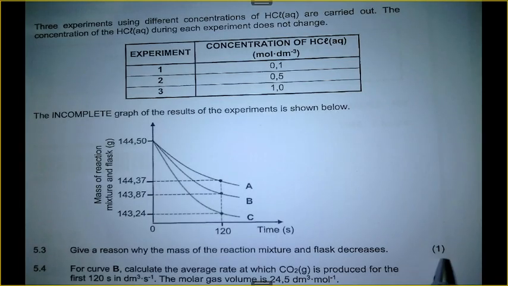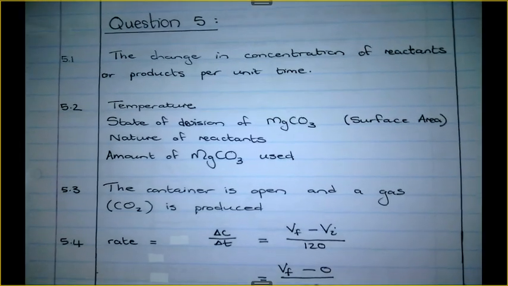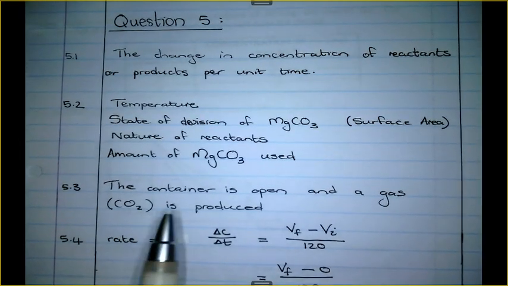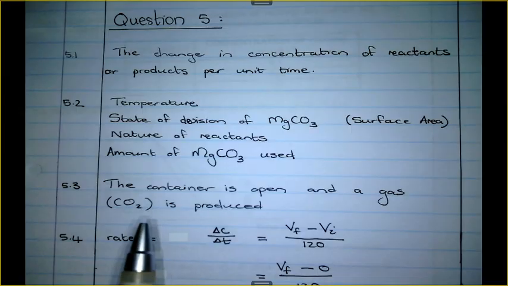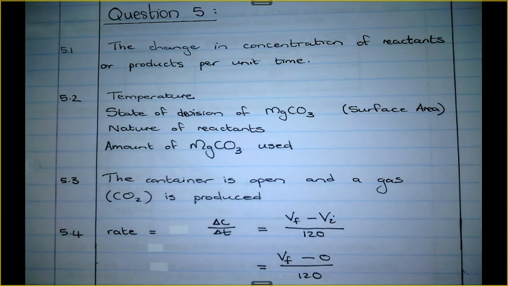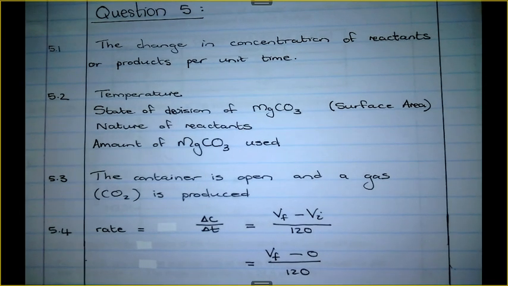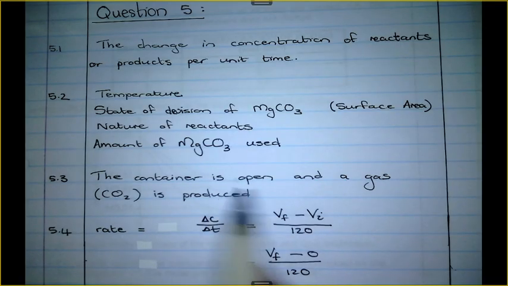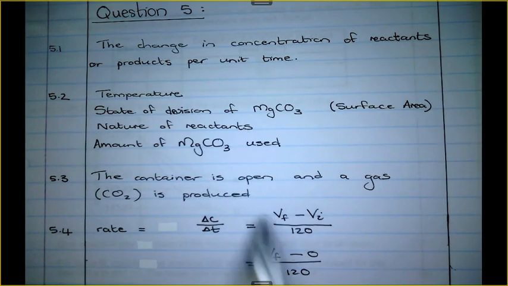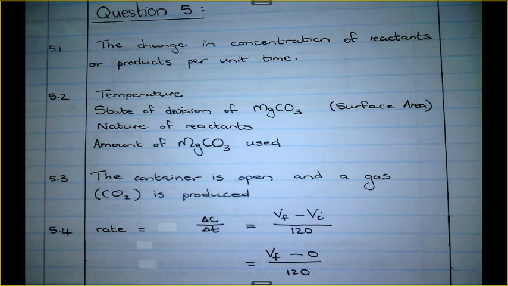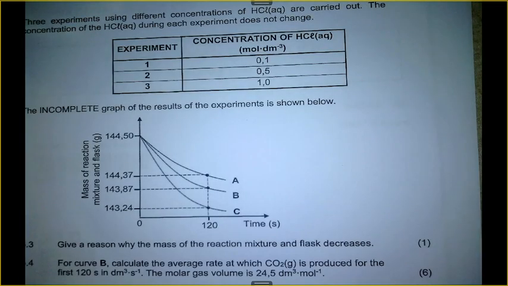It is only a 1 mark question, so you could probably get away with writing either or, but anyway, I generally tend to write both because just now you have a snarky someone who says, no, but the fact that a gas gets formed doesn't matter. So, container is open and a gas or carbon dioxide is produced. Alright, that is why the mass of the container decreases. Fun question!